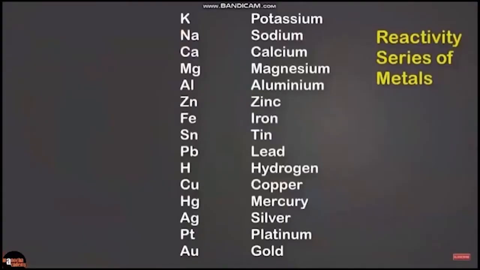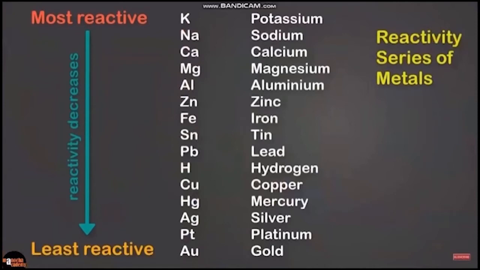So how do we know which one is more reactive or less reactive? The answer is through the reactivity series. Metals on the top are more reactive, and as you move down, the reactivity decreases. For example, if you look here, sodium is more reactive than iron.